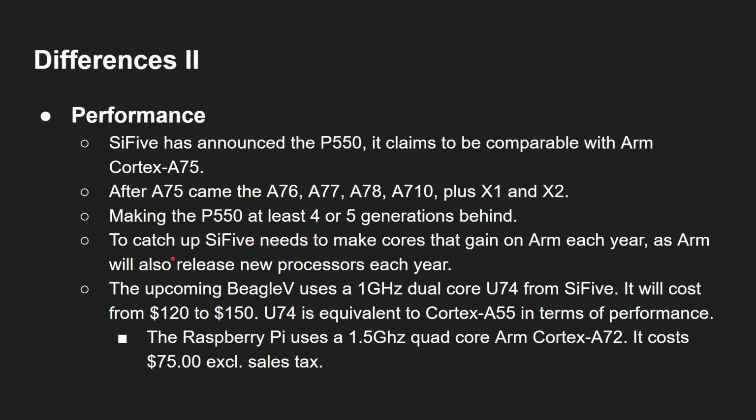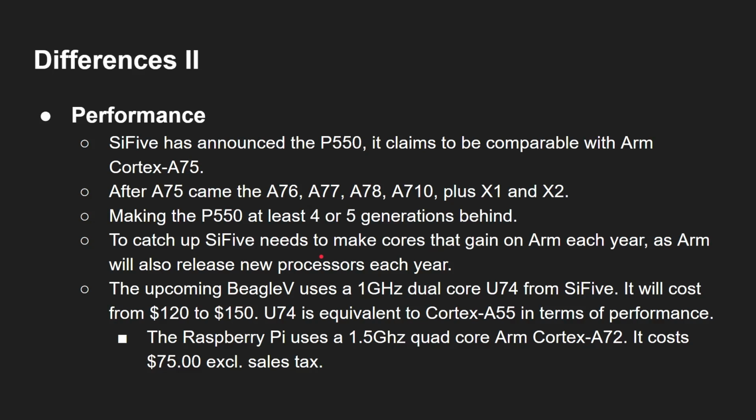And to catch up, companies like SiFive and other RISC-V manufacturers need to make cores that not only increase their own performance, they need to gain on the performance that ARM are releasing each year. So now they're 4 years behind, then they need to be 3 years behind, then they need to be... So that's a significant leap year after year after year to not only do better themselves, but to gain on the competition. So that's quite a tall order for anybody in any field of technology.